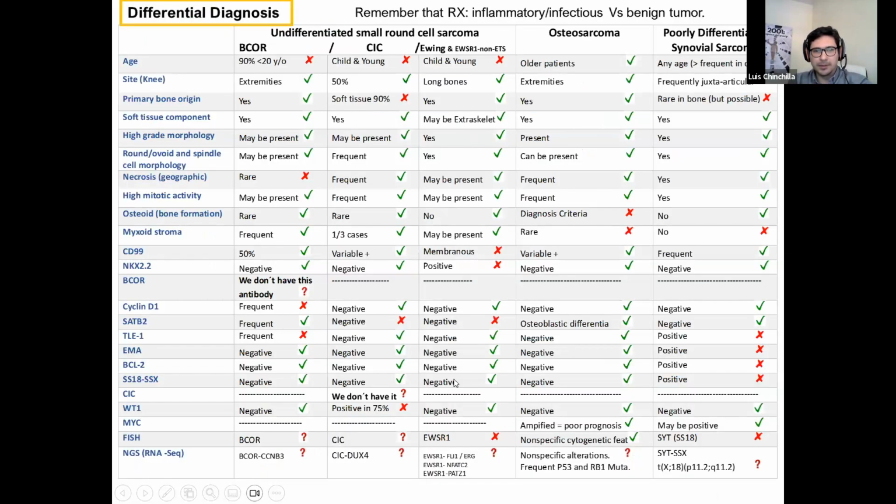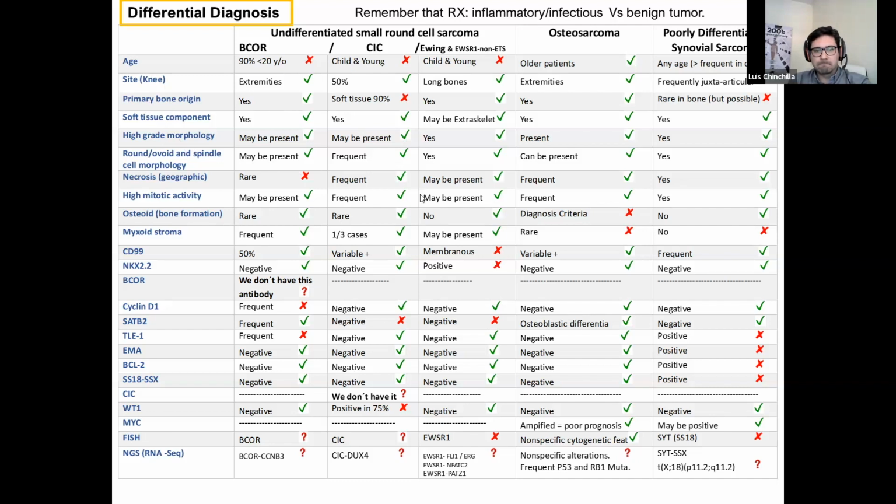this is my summary table with a lot of criteria I include in my differential diagnosis. And if you pay attention, the option with a lot of green checks here is osteosarcoma, and clinically and radiologically probably is the best option, right?